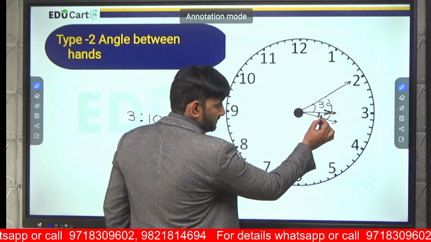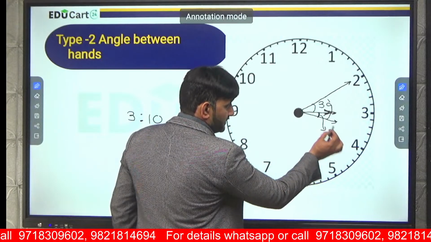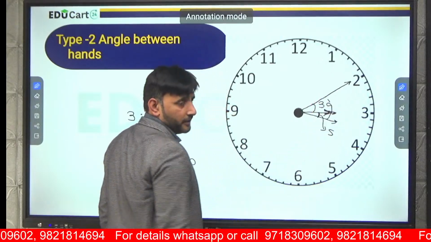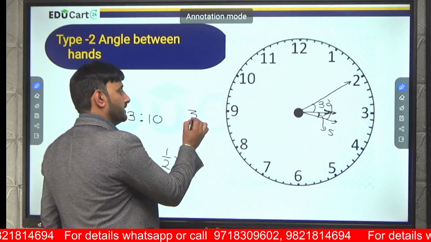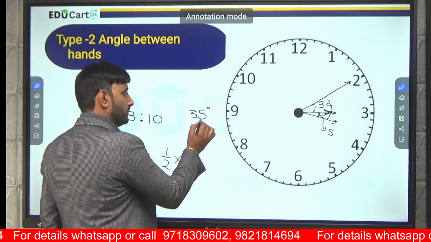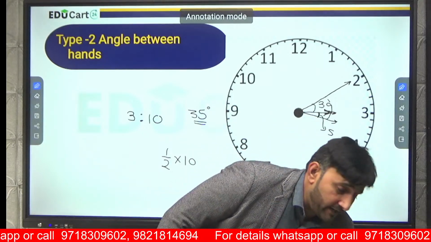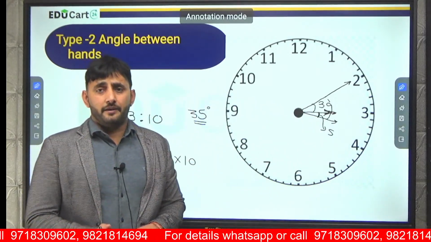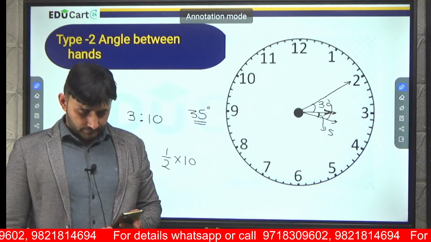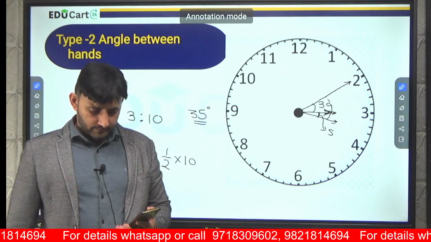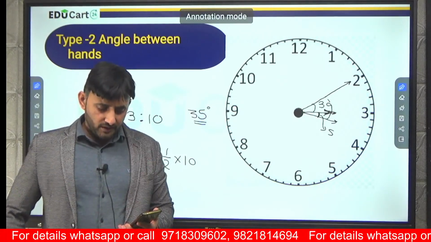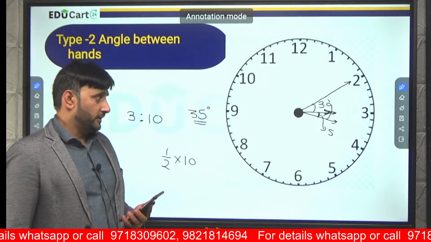If this angle is 5 degree, then the total angle will be 35 degree. Online students, please let me know, is it clear or should I repeat? Fine, it has to be 35 degree, not 30 degree.